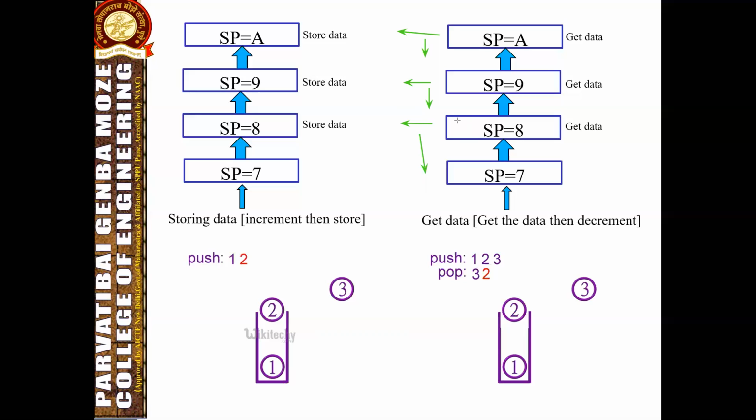The stack is implemented with the help of a special memory pointer register called the stack pointer, and it is 8-bit. The stack pointer can take a value from 00 to FFH. On power up, the SP contains the value 07H.